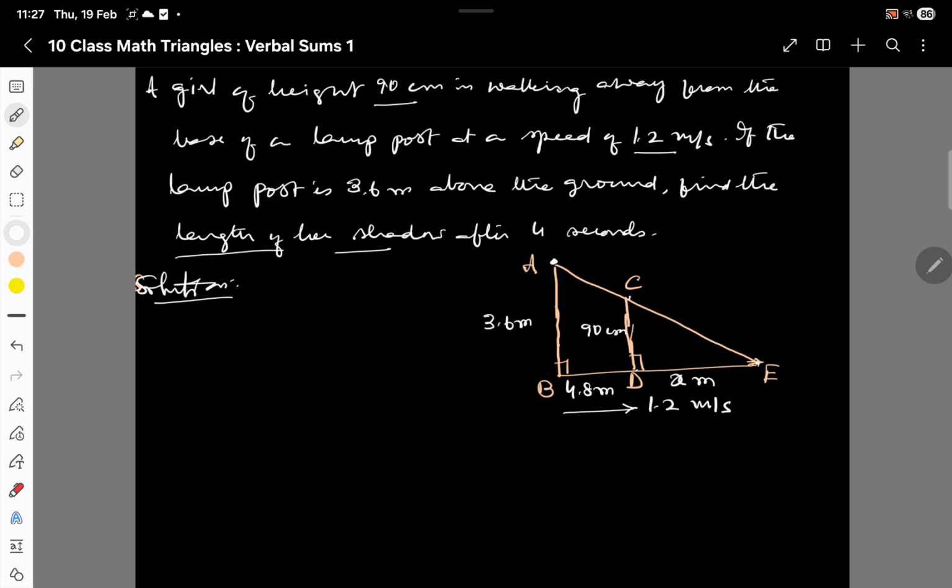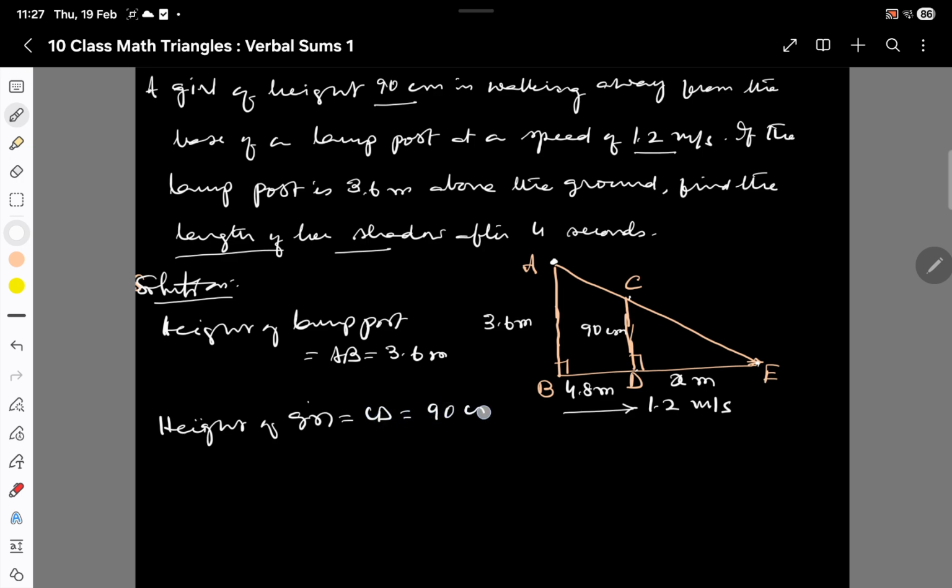Now what is in the diagram? Height of lamp post: you should write AB is equal to 3.6 meters. And height of girl is equal to CD is equal to 90 centimeters.